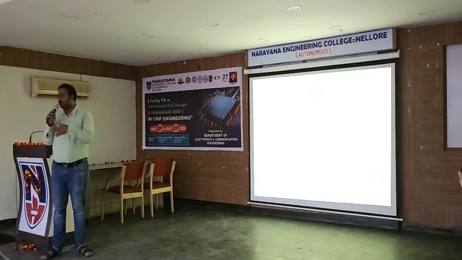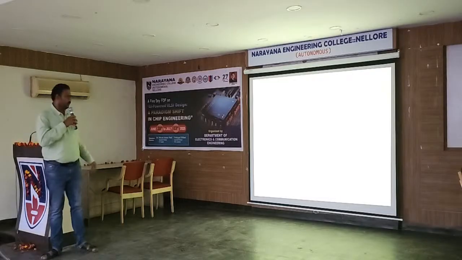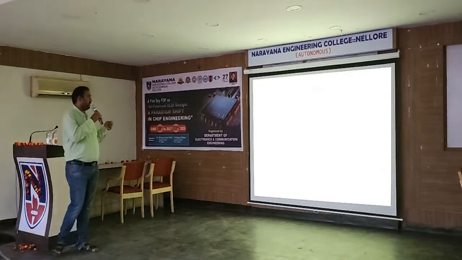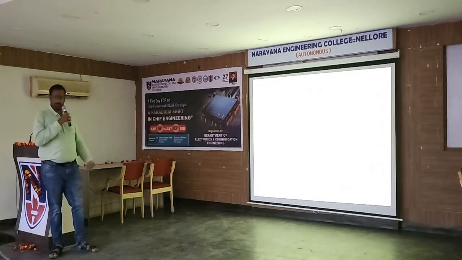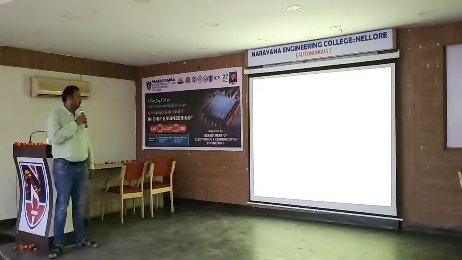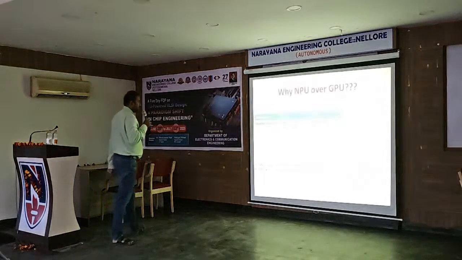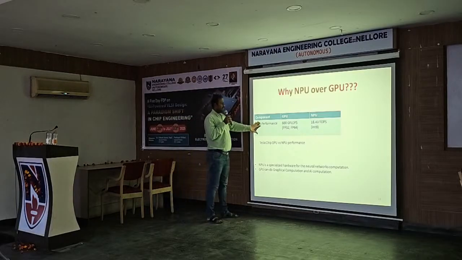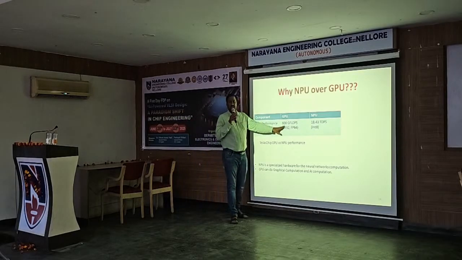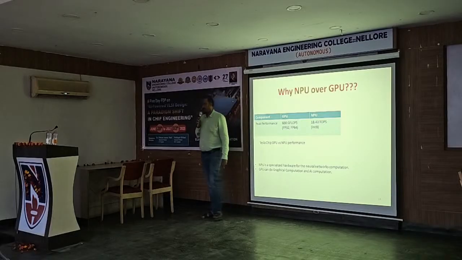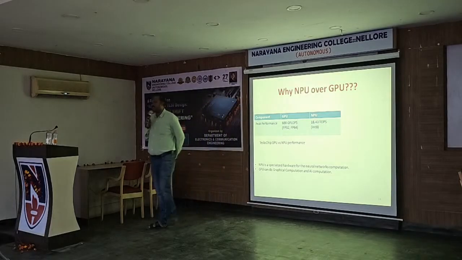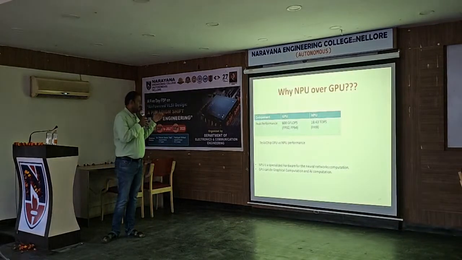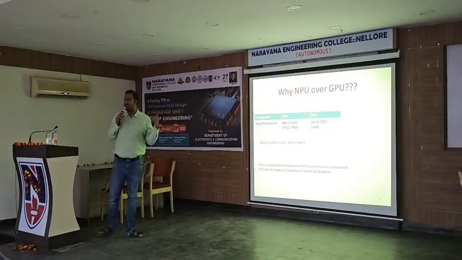If somebody wants to work or pay some money to work on the TPU, it's called neural processing. So if you see that neural processing unit, if you see peak performance, 600 gigaflops means floating point operations per second, which is the peak a GPU can do.